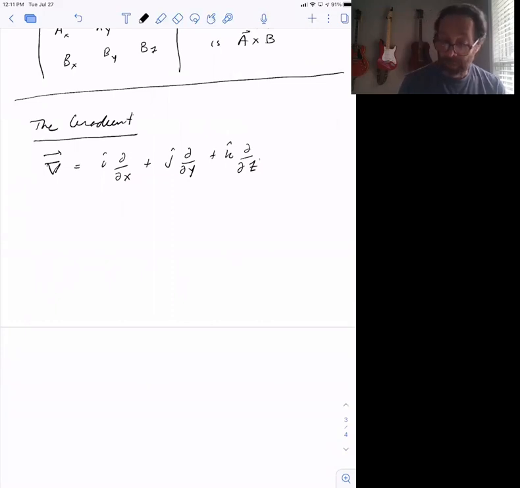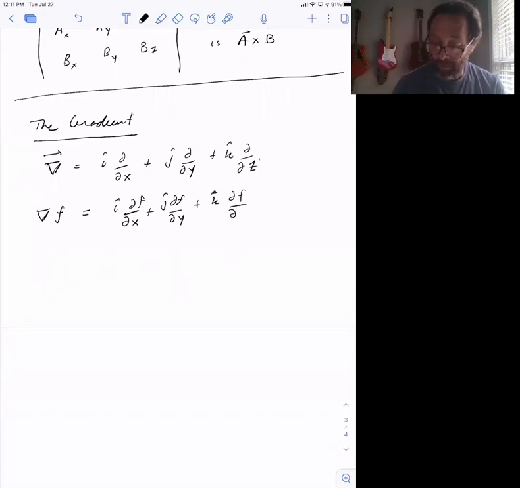And what does it do? Well, it acts on scalars. In the do what comes naturally category of mathematical operations.